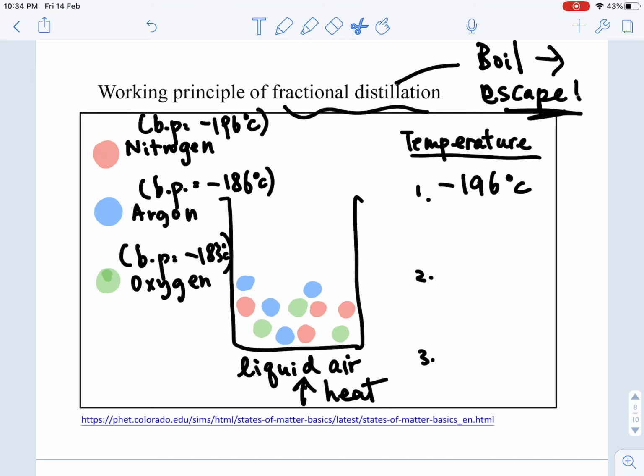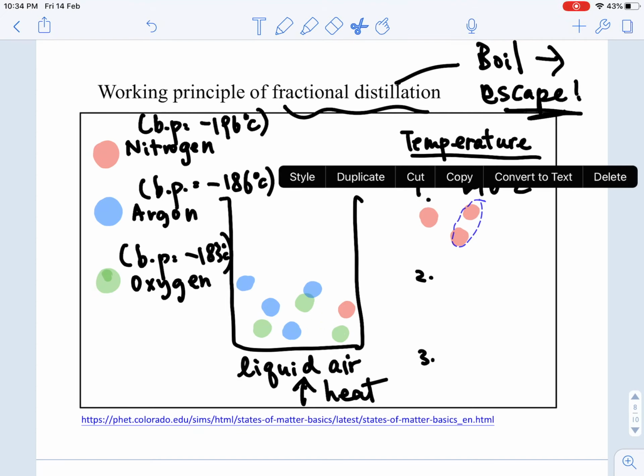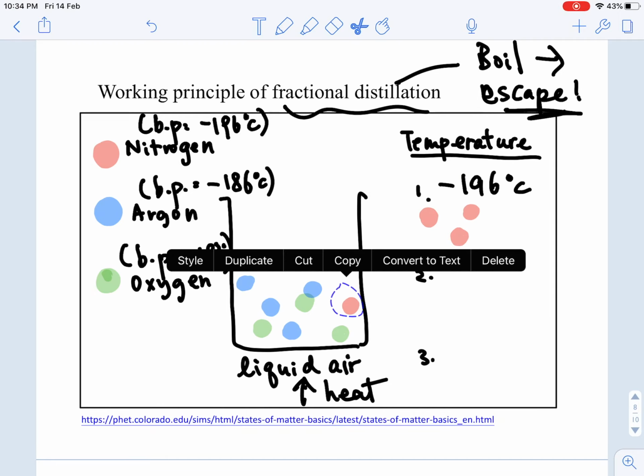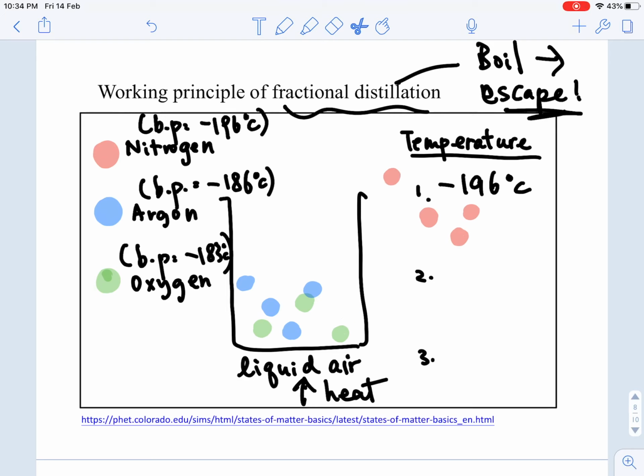So the red ones would come out, right? So most of the nitrogen particles will come out and escape from the container.